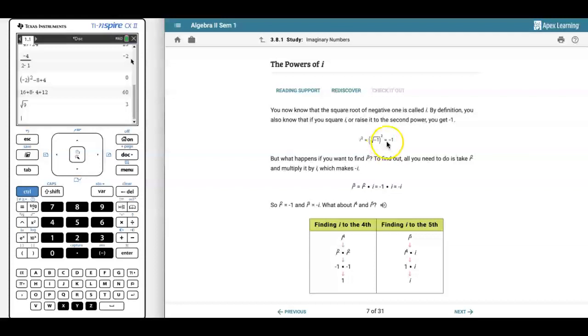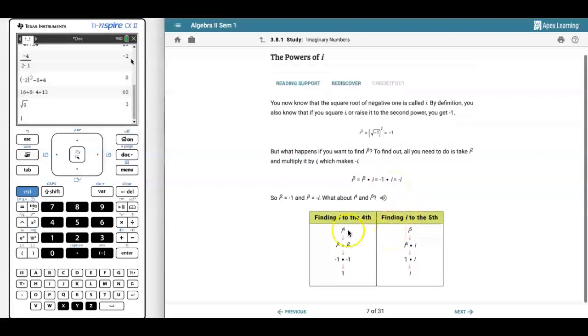So i squared is equal to -1. If I want to look at i cubed, this is like saying i squared times i to the first. Well, i squared is equal to -1, so -1 times i gives you -i.